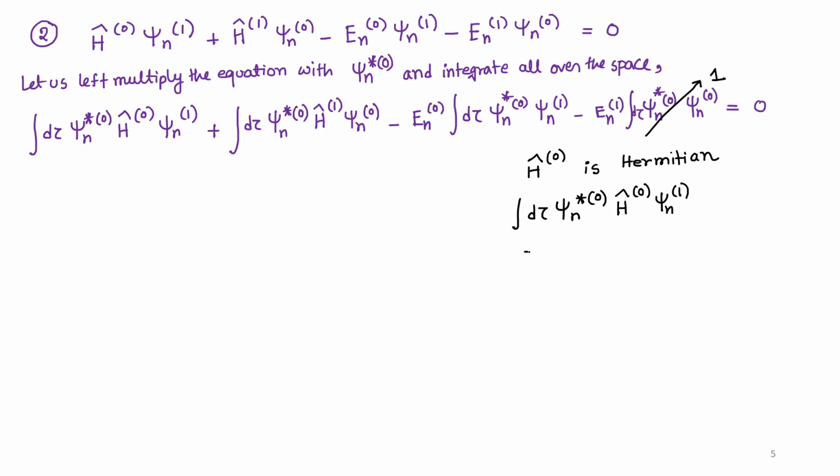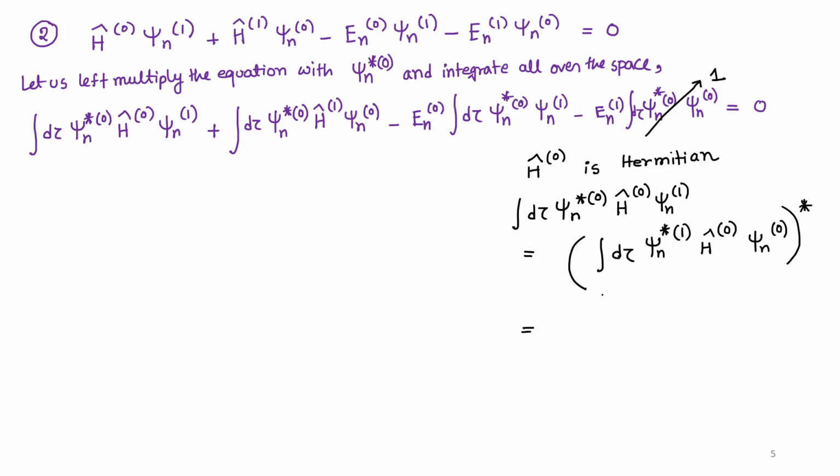As this is a Hermitian operator, we can take a whole parenthesis, d tau and psi n star of this first order, then we can write our Hamiltonian and write our zeroth order and take the complex conjugate of the whole integral.